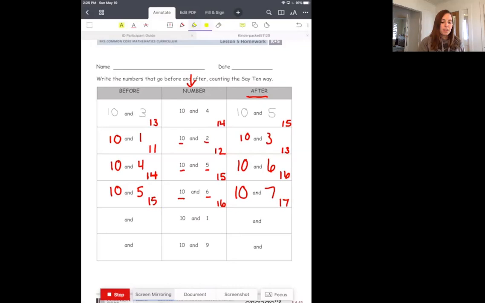Go back to that middle number right here. All right, it says 10 and 1. So you need to get your pencil back out. You have one group of 10 and 1 one. What number is that? 11. So now we need to find the number that comes before 11. So go ahead, count backwards in your head. 11, 10.